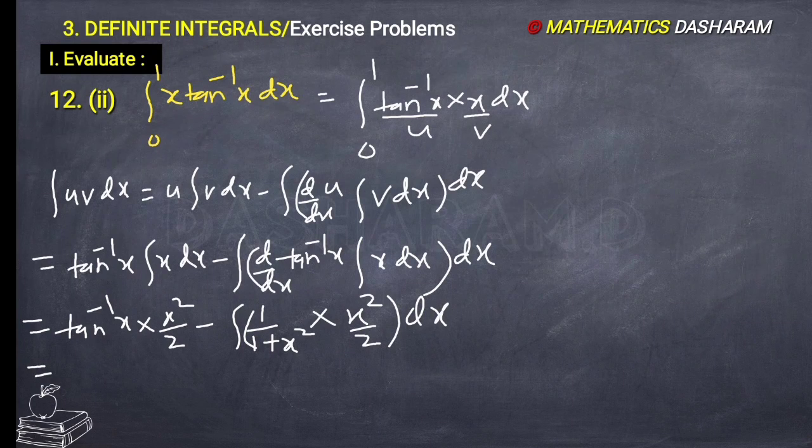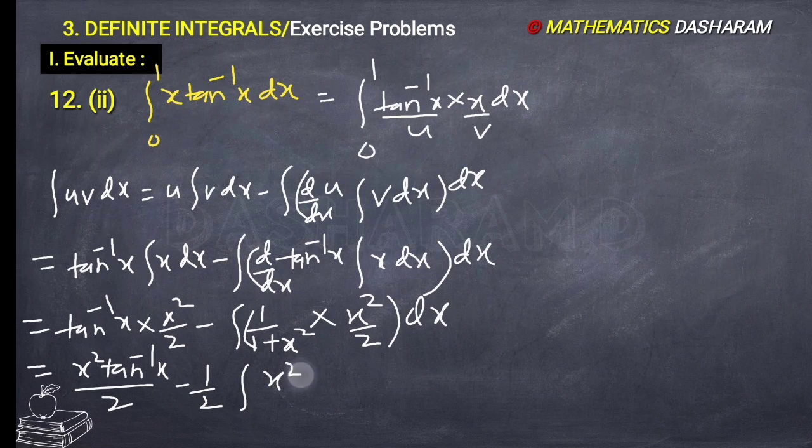It is equal to x square into tan inverse x by 2 minus, here 1 by 2 is a constant, integration x square dx divided by 1 plus x square.